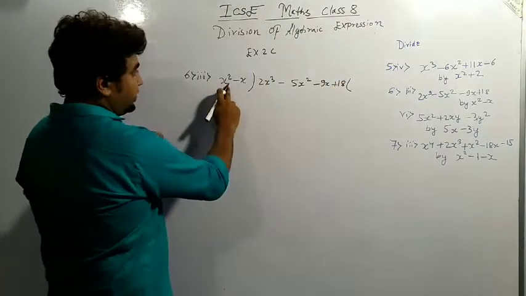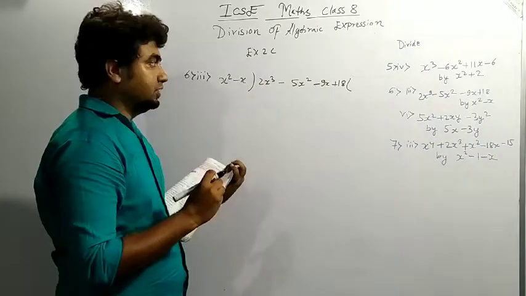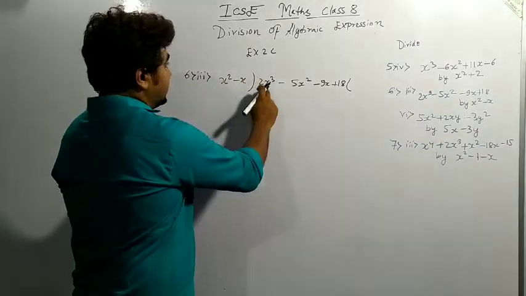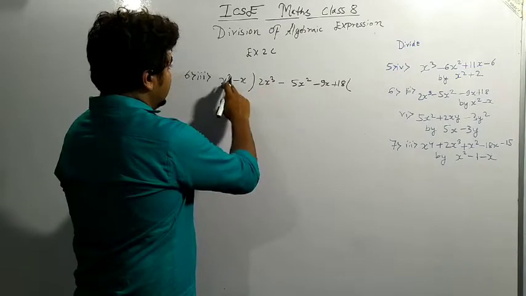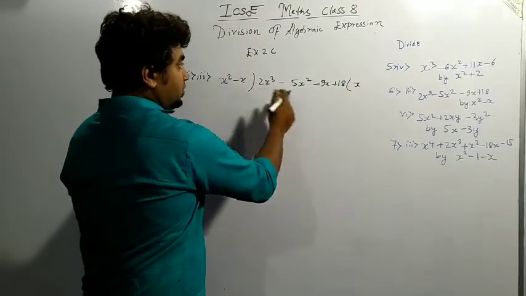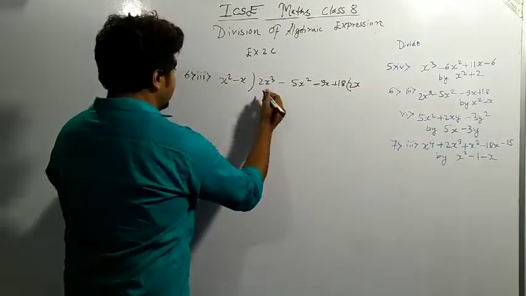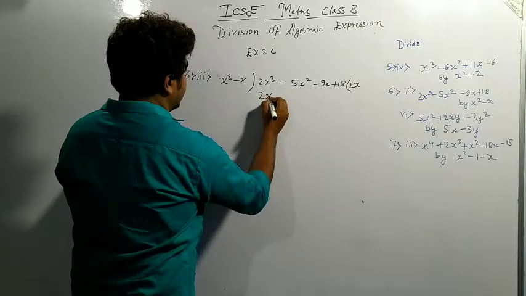So x square is given, and we have to make x cube. So we'll be multiplying with x, and we have to make 2x cube, which means I will be multiplying with 2x. So we are getting 2x cube.